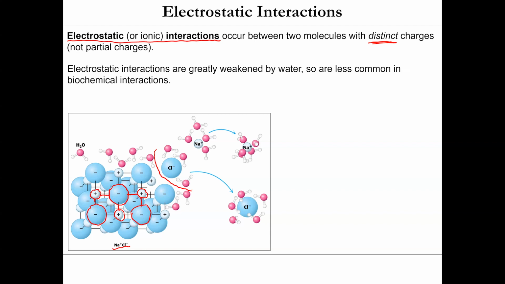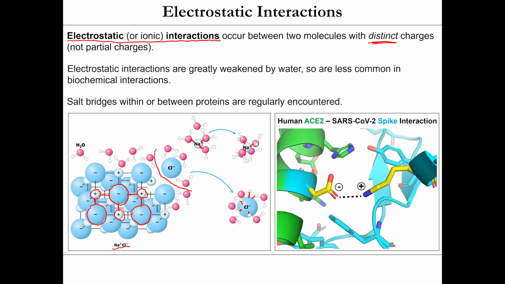You can see here the partial negative charge of oxygen on water can interact with the positive charge on sodium. And the partial positive charge on the hydrogens can interact with the negatively charged chloride ions. So this is because electrostatic interactions are greatly weakened by water.